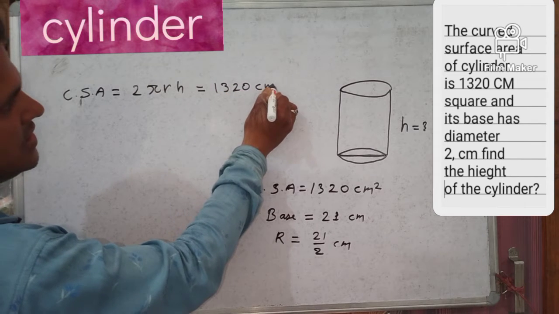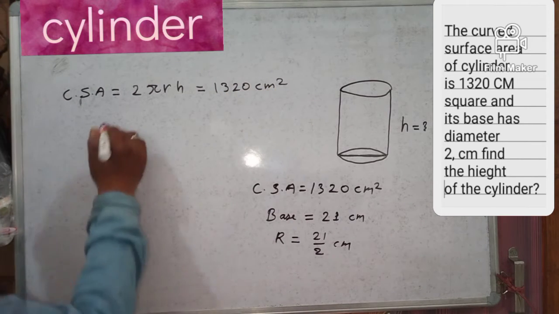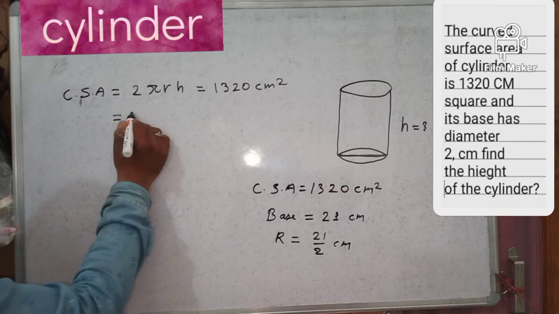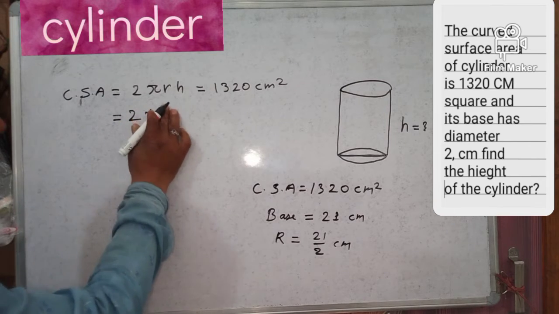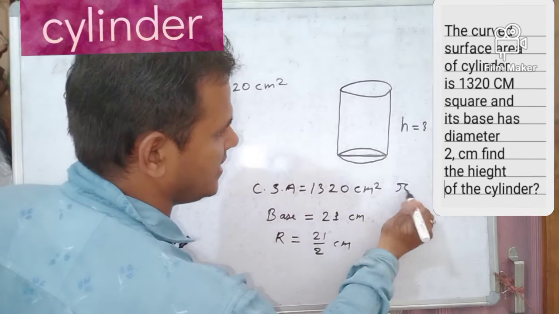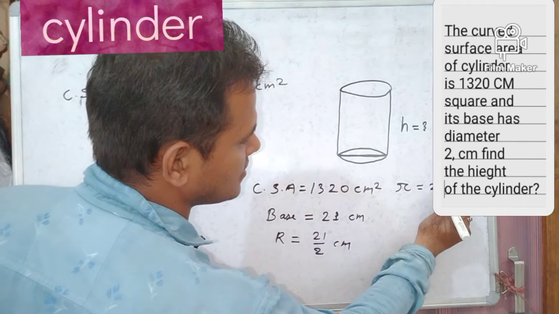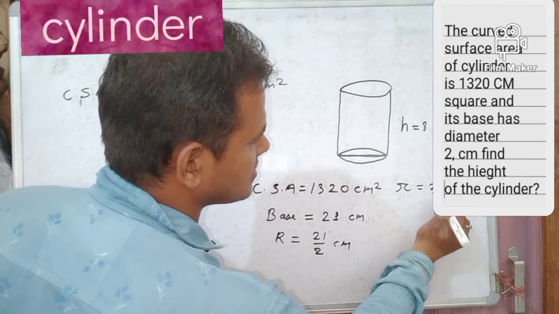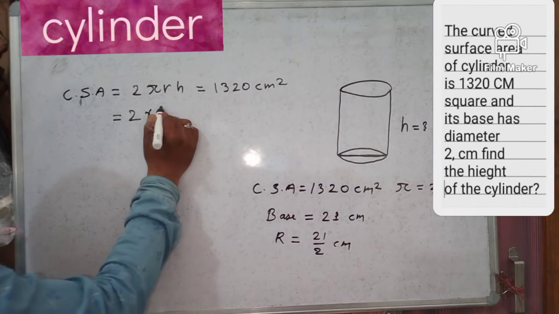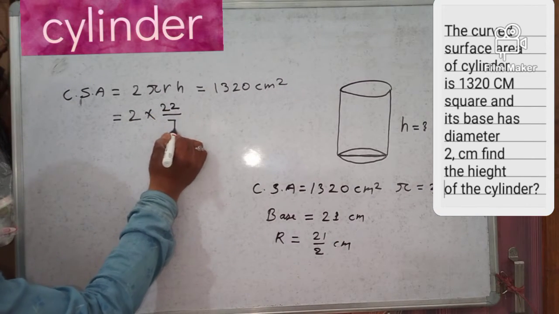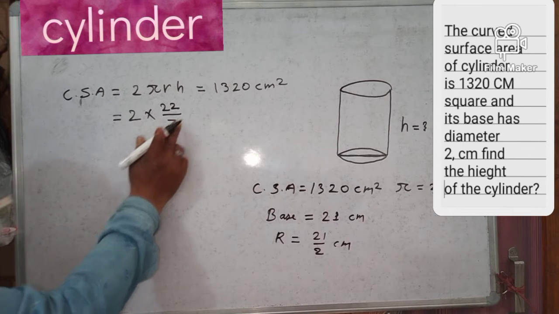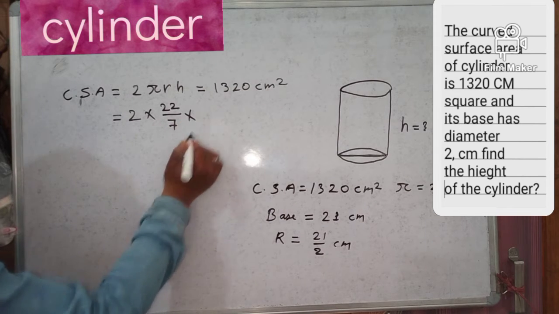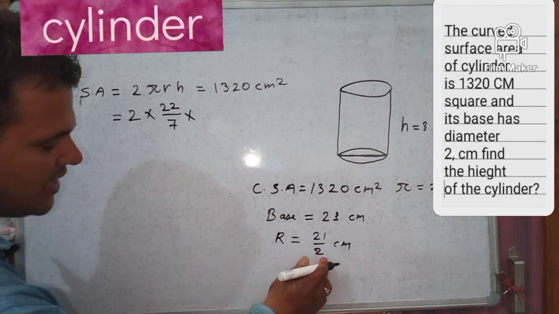So now see here, 2 pi, where pi is equal to 22 by 7. Pi means 22 by 7. Radius is 21 by 2.